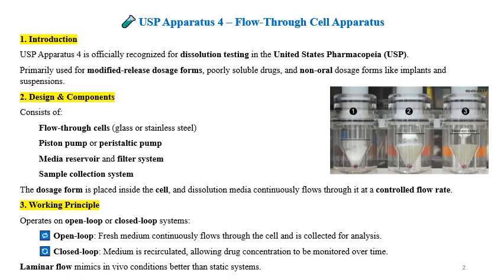USP Apparatus 4 is officially recognized for dissolution testing in the USP. The United States Pharmacopoeia provides information on the flow-through cell apparatus, that is, the USP type 4 apparatus for dissolution testing.